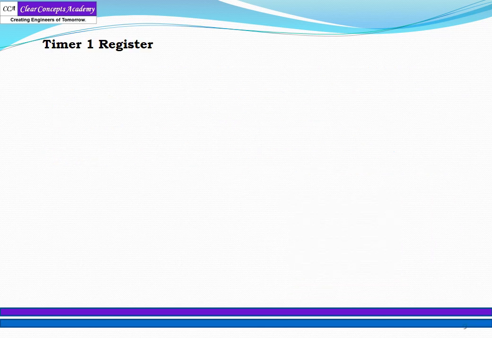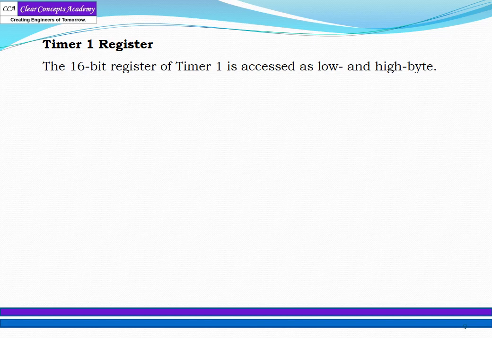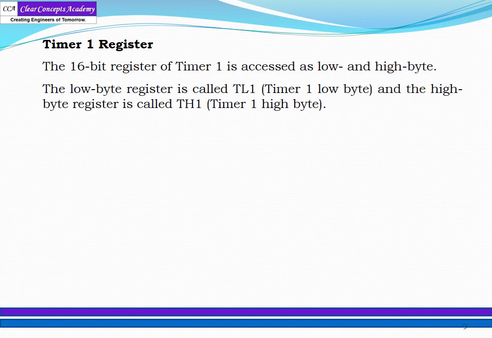The timer 1 register is also similar. There is not much difference. The 16-bit register of timer 1 is accessed as low and high byte, same as timer 0. The low byte register is called TL1, timer 1 low byte, and the high byte register is called TH1, that is timer 1 high byte. The registers can be accessed like any other register.